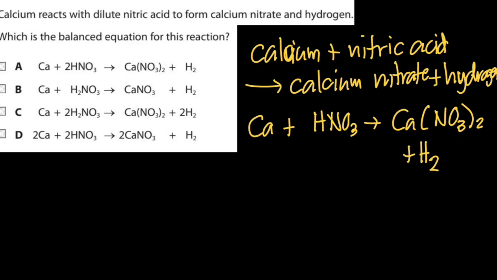So let's balance this. We have one calcium here, we have 2 hydrogens, so there should be 2 hydrogens here. And we have 2 nitrogens, 6 oxygens. So now this chemical equation is already balanced. And the one that is the same as that one is letter A. So the answer here should be letter A.